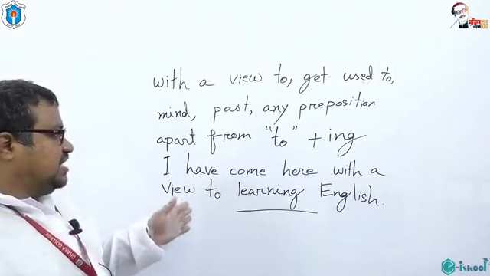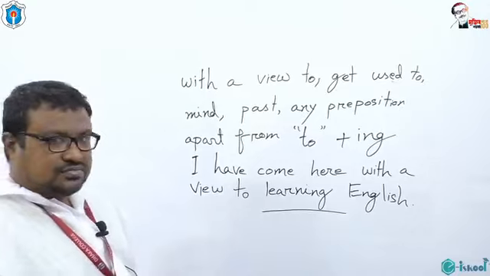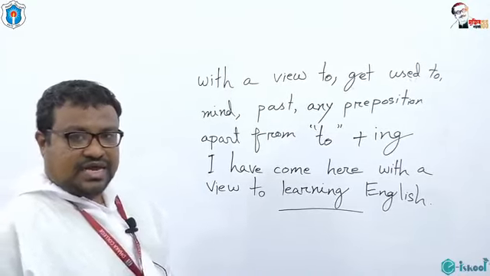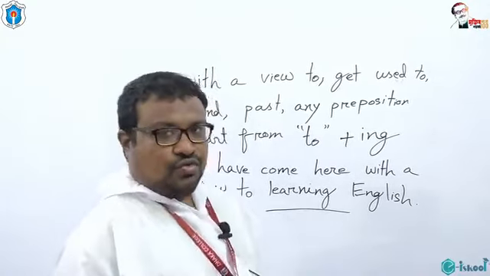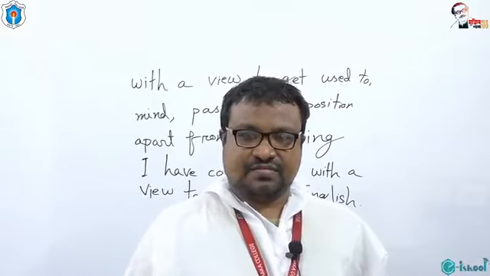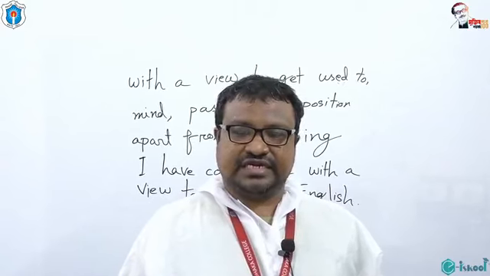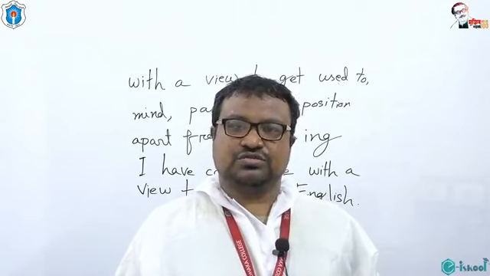I have come here with a view to learning English. Here, when I am using the word with a view to, then it will be main verb plus ing. We usually know that in case of to, we use the base main verb.